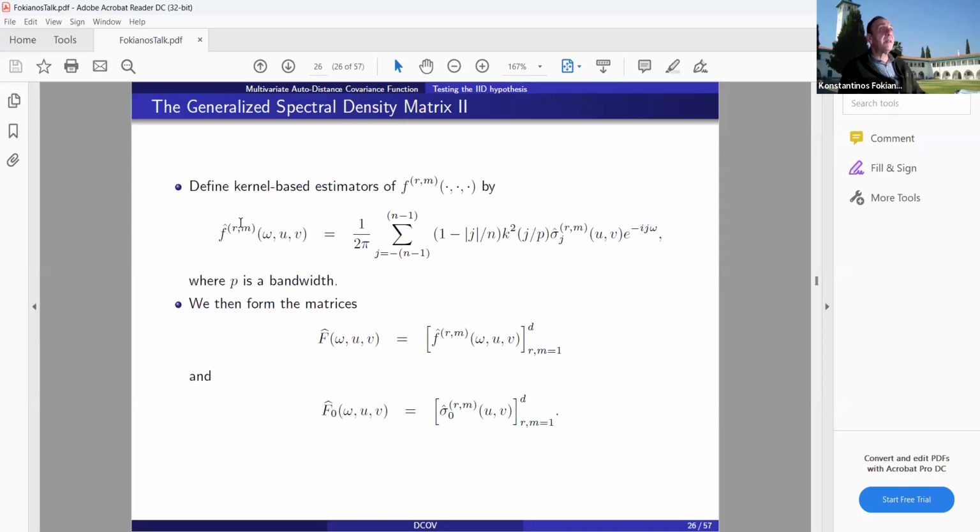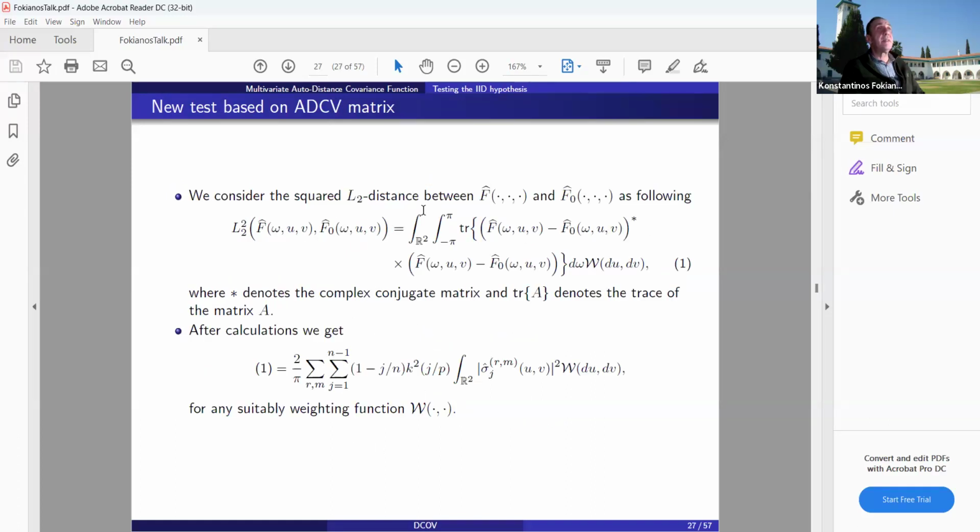So you can define the kernel estimators. This is a standard thing in time series analysis. And then you can define the corresponding matrices and also for F0 under the IID. And then you can take the L2 distance between F hat and F hat 0. So what is the L2 distance? It's just the trace of this conjugate times this matrix. Of course, you need to integrate with respect to omega.